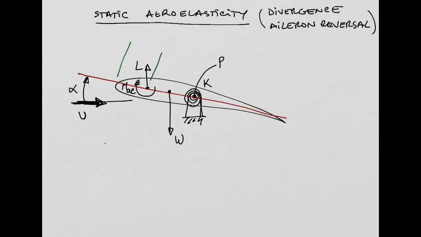The dimensions are, from the leading edge to the aerodynamic center, I'm going to call this AC, aerodynamic center. We're going to measure everything from the leading edge of the airfoil, right? The other dimension I need is the location of the pivot point, which I will call XP, for pivot.